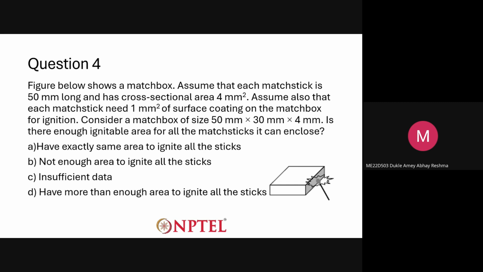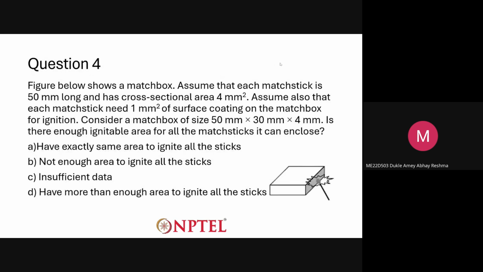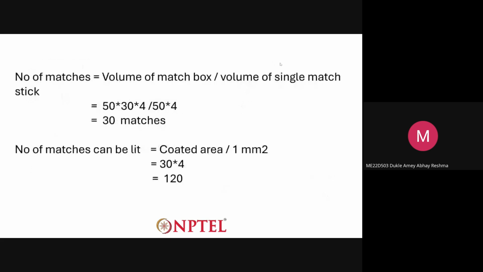So now we'll move to the solution of the question. Since the number of matches has not been given, what we need to find is the ignitable area for the matches. Without knowing the number of matches, how will we find out whether the area is sufficient or not?